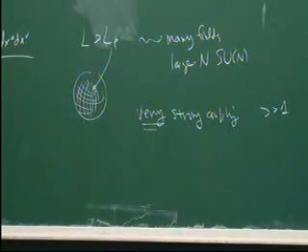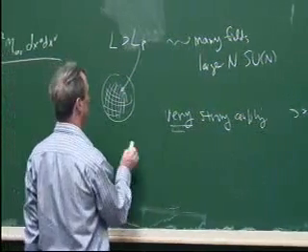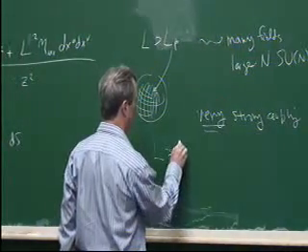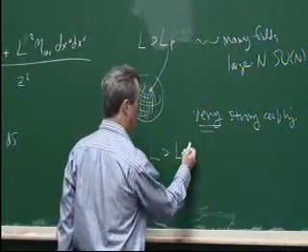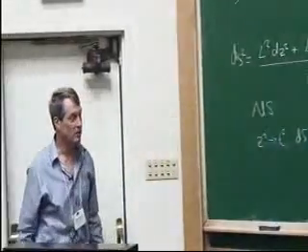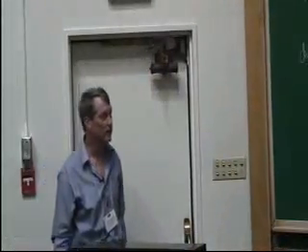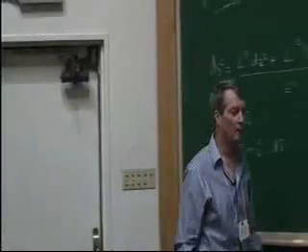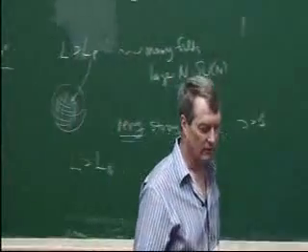And as we go along, we'll say what we mean by very strong coupling. But I'll just mention that in terms of the basic examples, this generally means that the size of the AdS space is large compared to the string scale.